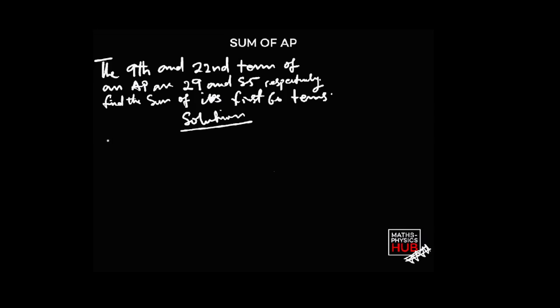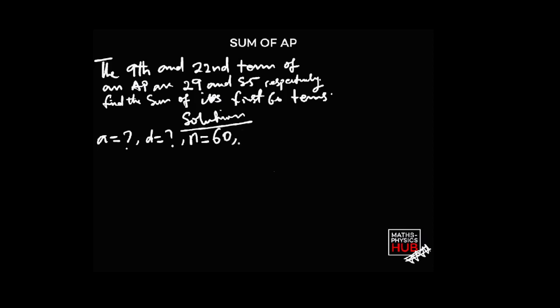The first thing we check: we are already told it is an AP, so we don't need to check that again. Do we know the first term? No. The common difference? We are not given. The number of terms we are looking at is 60.